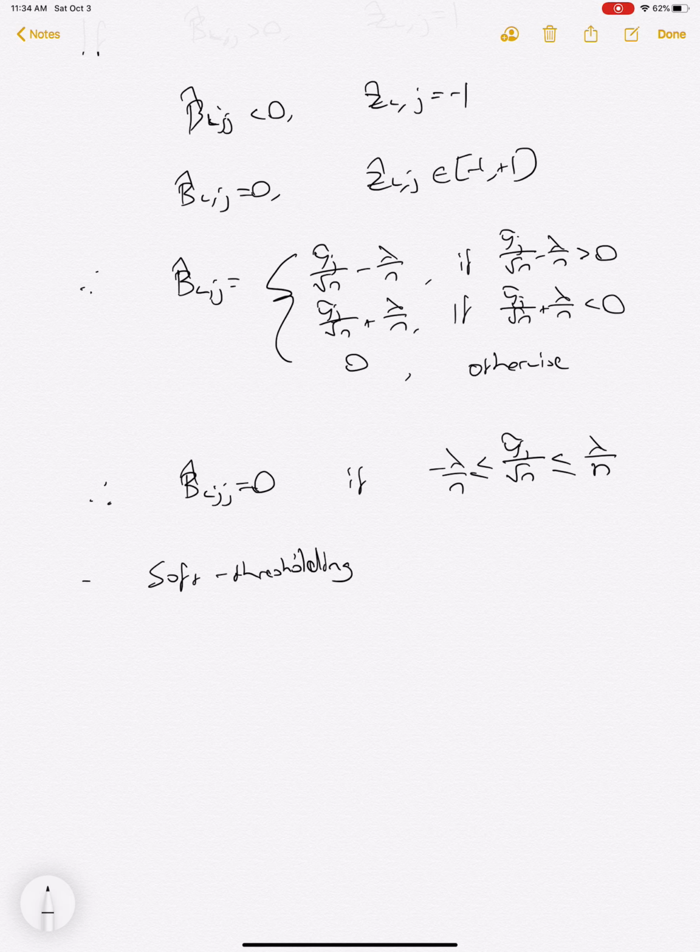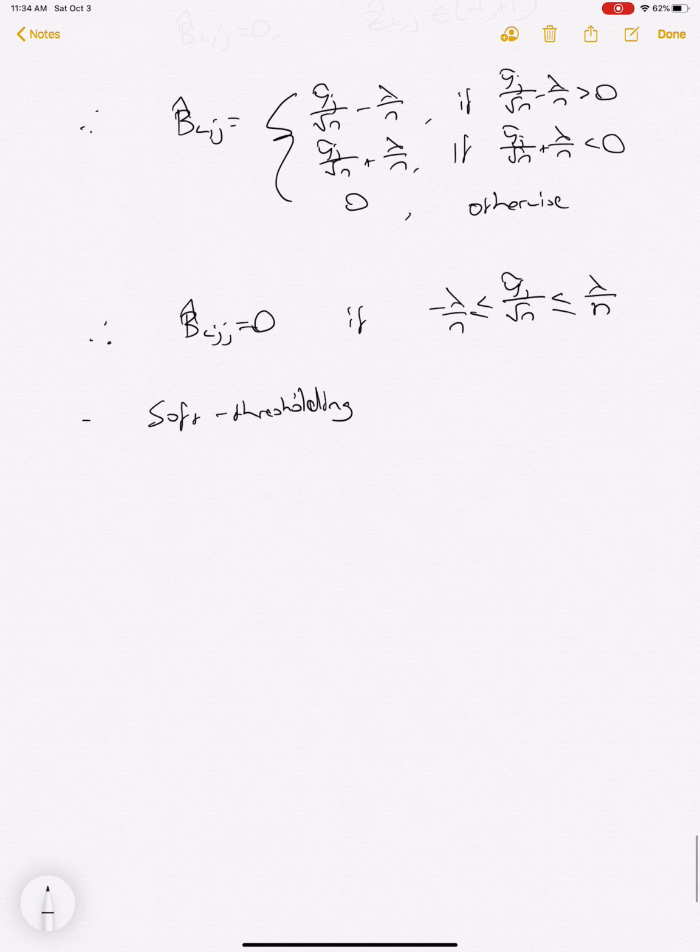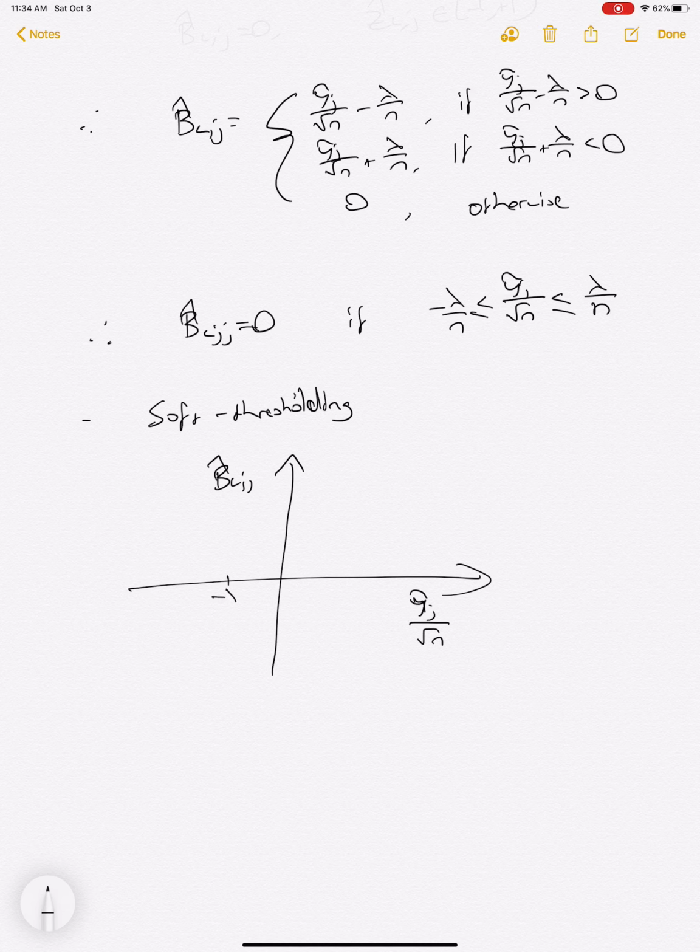It subtracts off this, and so in terms of a graph, if you want to look at beta hat Lj versus y tilde j over square root of n, it essentially just looks like this.